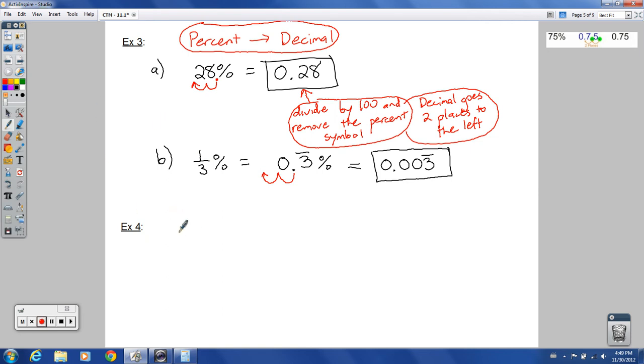So let's do example 4 here. So let's do a practical problem now.